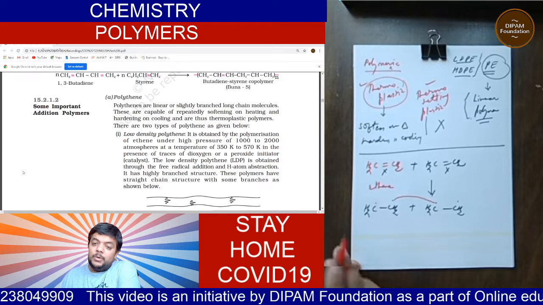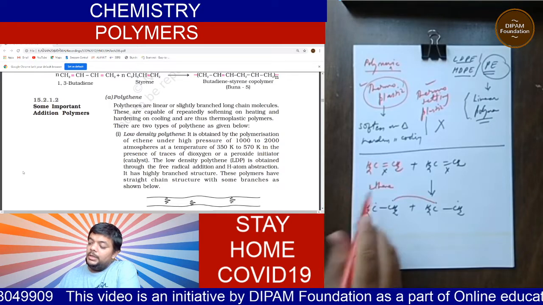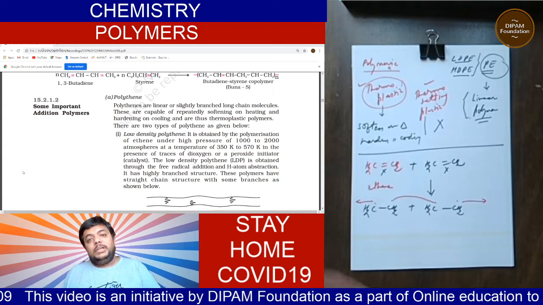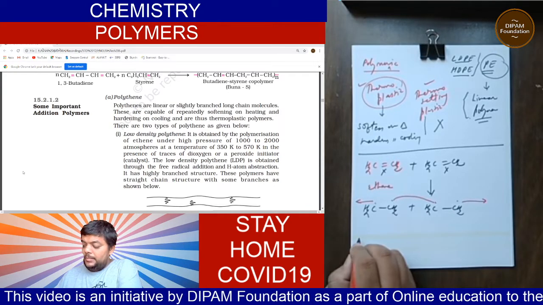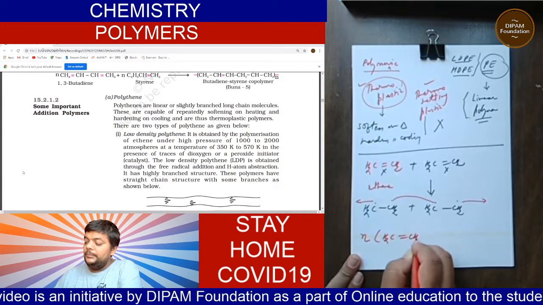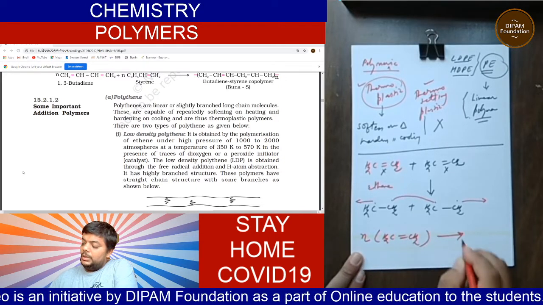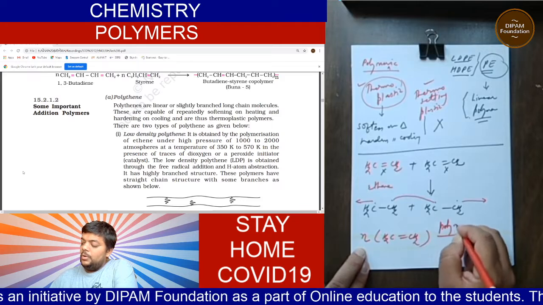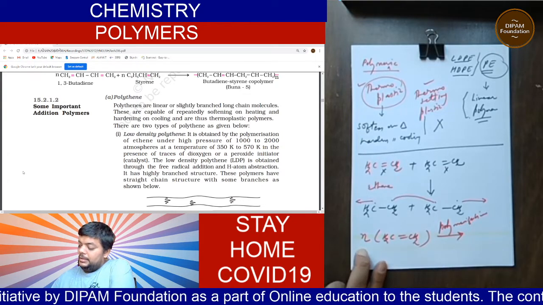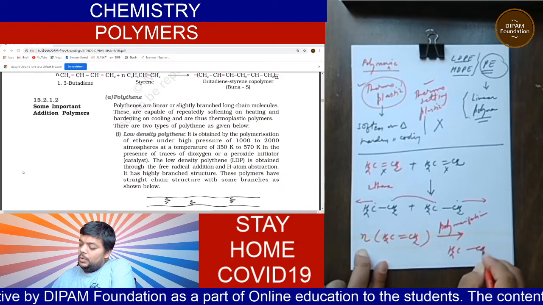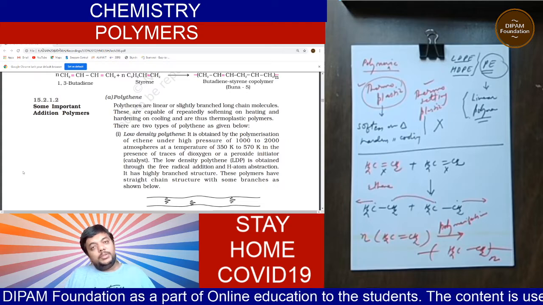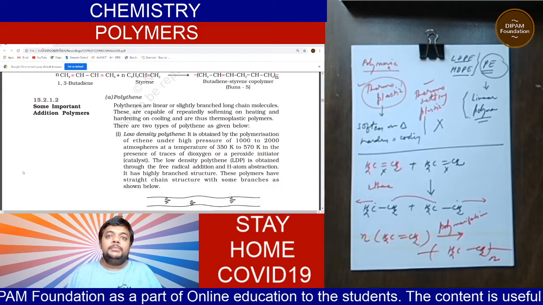Similarly, there will be one more molecule on this side, so a bond over here and a bond over here. So you can just imagine a long chain on both the sides. And I can make you imagine if I write that I am taking n moles of ethene, and when we undergo the process of polymerization, we can get a long chain of polymer, and this long chain of polymer is called polythene.